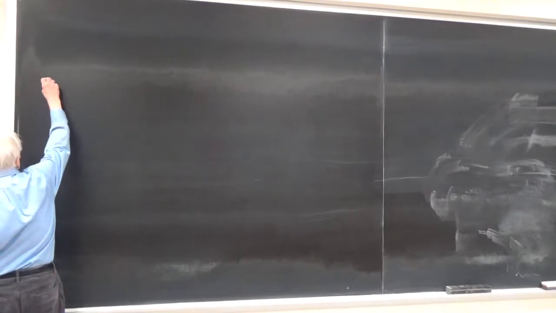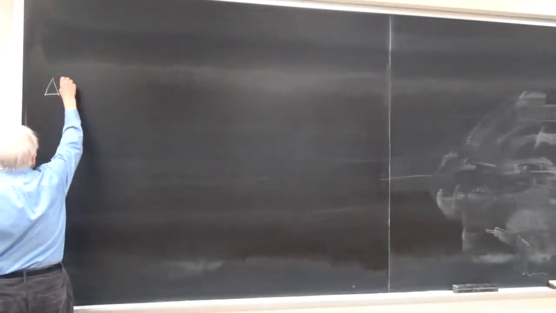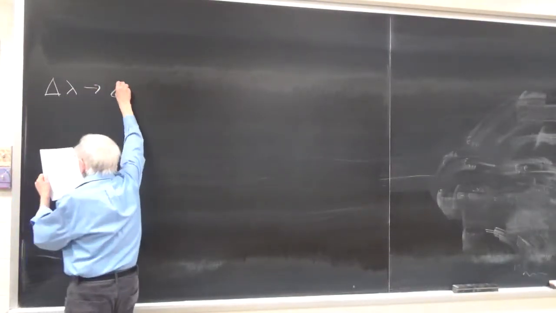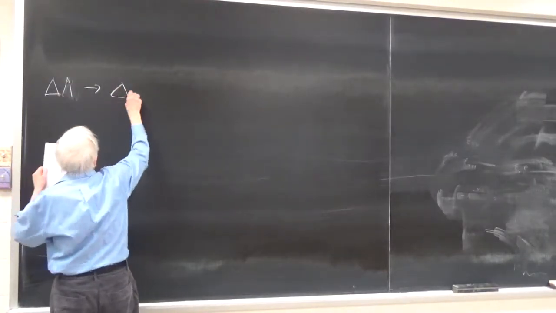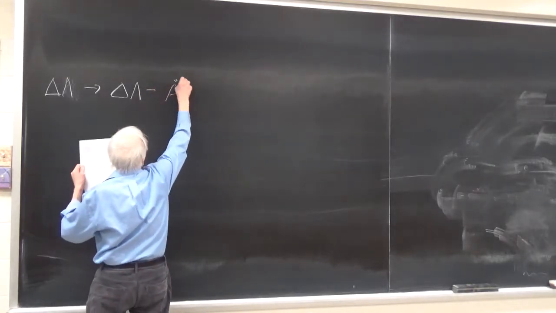So we shift lambda so that Laplacian lambda goes to Laplacian lambda minus ∂·A₀. I keep writing lowercase and it's really uppercase.